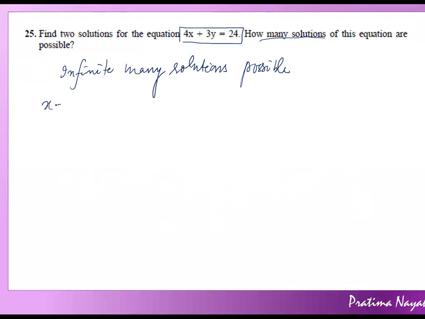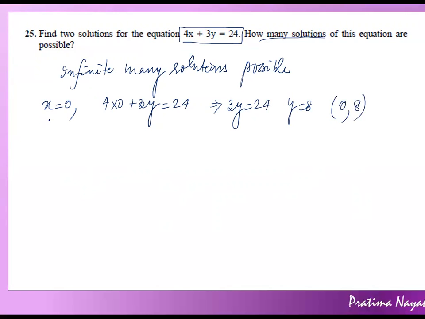Take x is equal to 0. Then 4 into 0 plus 3y is equal to 24. This gives 3y is equal to 24. So y is equal to 8. So this is one solution, 0 and 8. X is 0, y is 8.